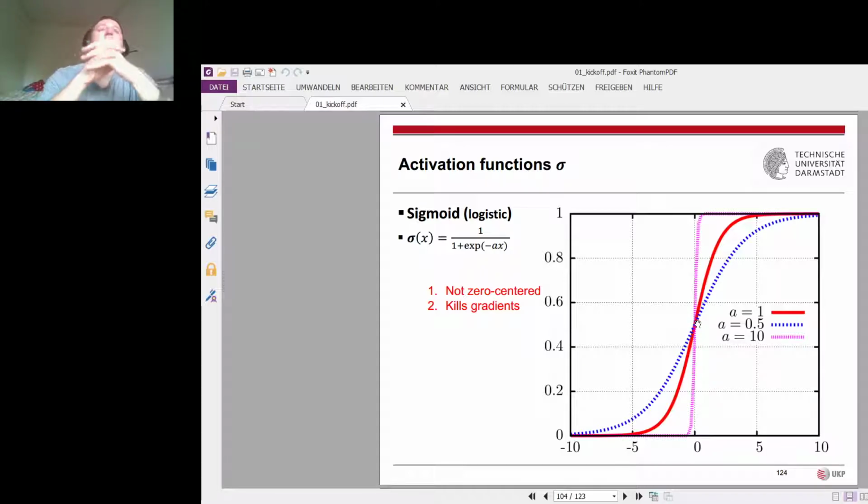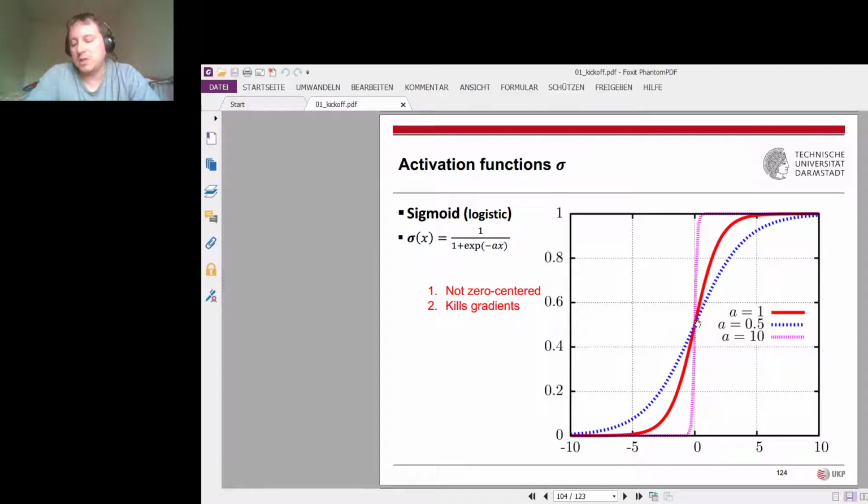Empirically it has been shown that if the values of such activation functions are not centered around 0, but have some bias, some positive or negative value that is their center, then these activation functions are harder to optimize, and the networks that use them converge slower to good solutions, right?